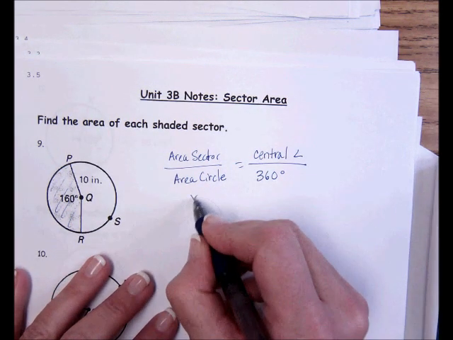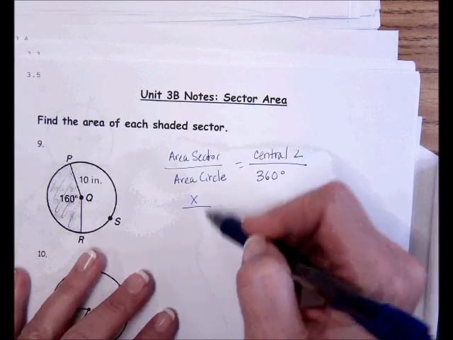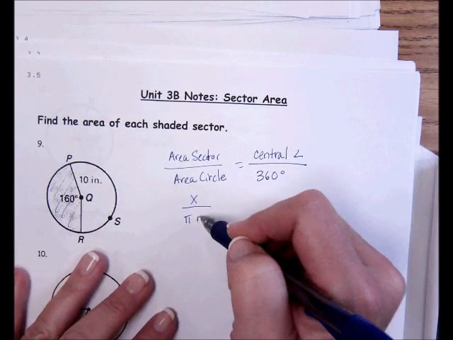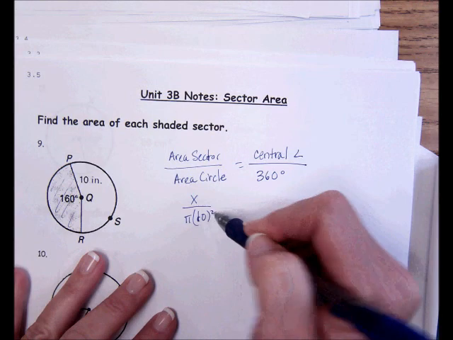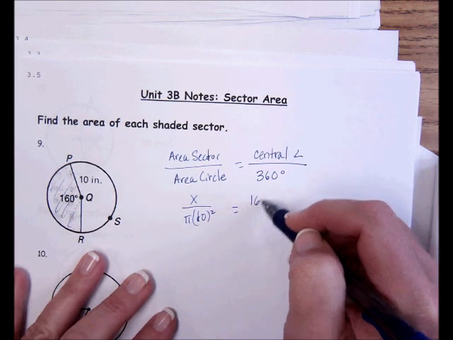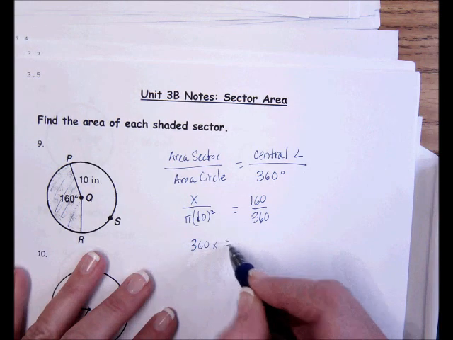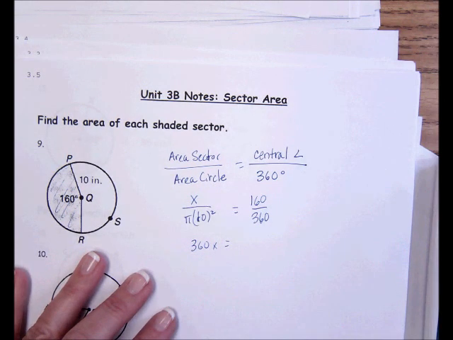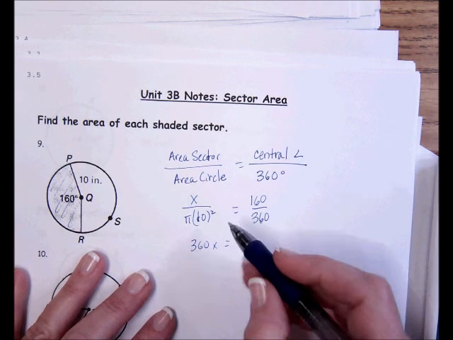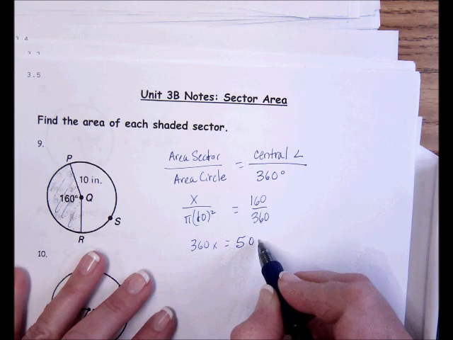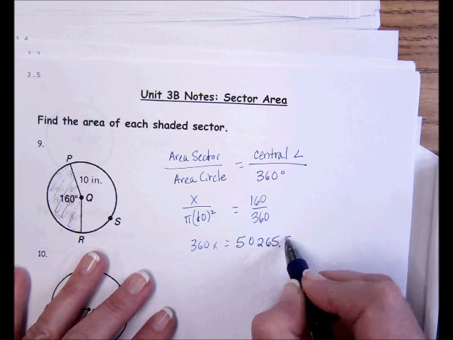So the area of the sector is going to be x, and the area of the circle is pi r squared, so 10 squared, is equal to 160 divided by 360. So I have 360x is equal to 160 times 100 times pi, and that's going to equal 50,265.5.